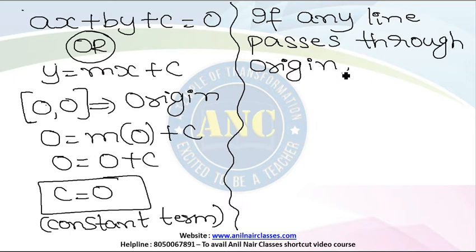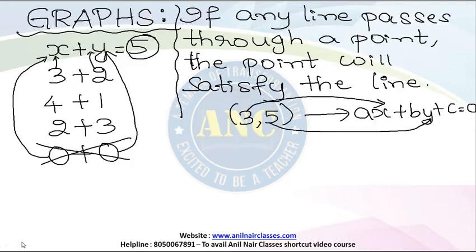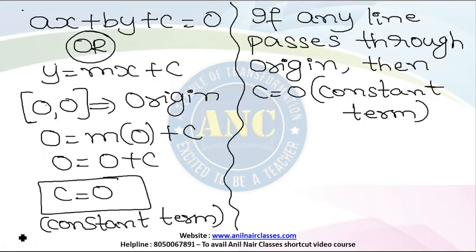If a line is passing through the origin, or the other way of saying it is, if the point origin 0, 0 lies on that particular line, both are absolutely the same way of expressing, sir. Do not get confused. If any line passes through the origin, then definitely the constant term c will be equal to 0. I proved it also just now, and you can see that proof on the left side of this slide.